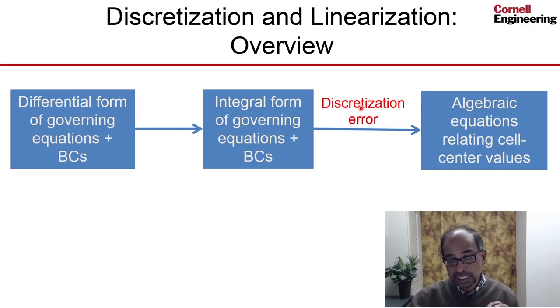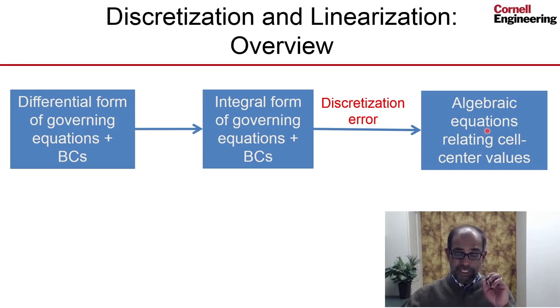We can reduce the discretization error by using more cells in the domain, so that's mesh refinement, or we could decrease it by increasing the order of accuracy of the interpolation. And we will see that a little bit later.